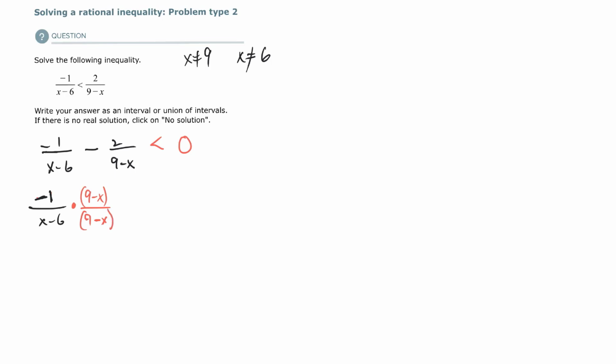We're multiplying by 1, minus 2 over 9 minus x. Here we have to multiply by 1 as well. We're going to multiply by x minus 6 over x minus 6. And remember, every single numerator and denominator has invisible parentheses. So you got to remember to put them where parentheses are deserved.